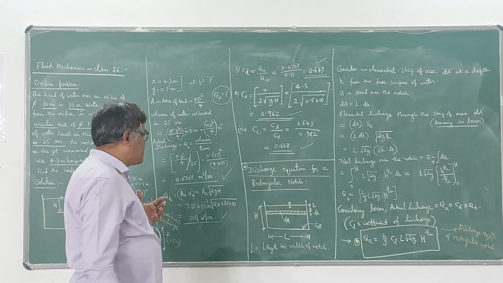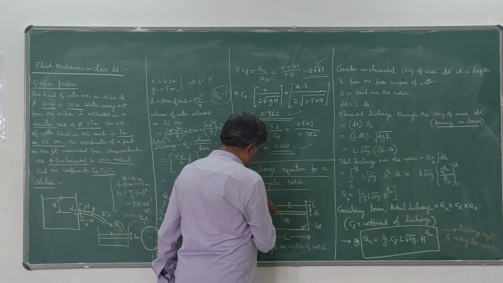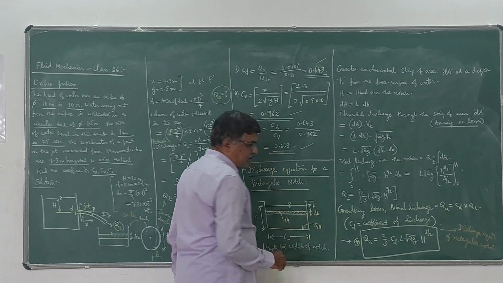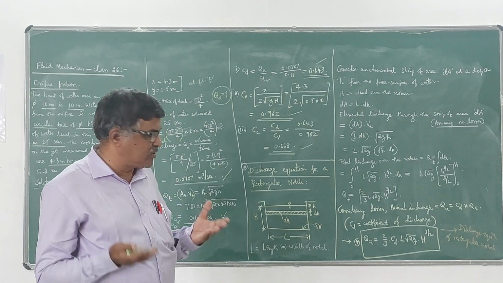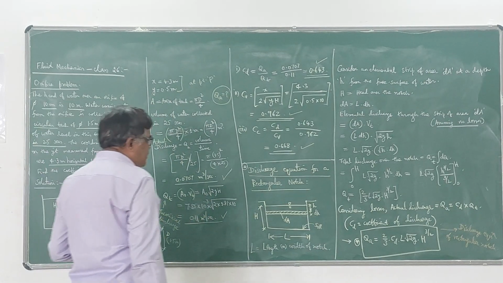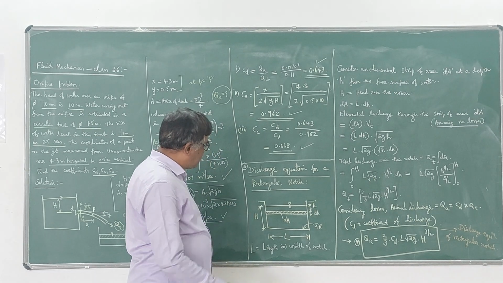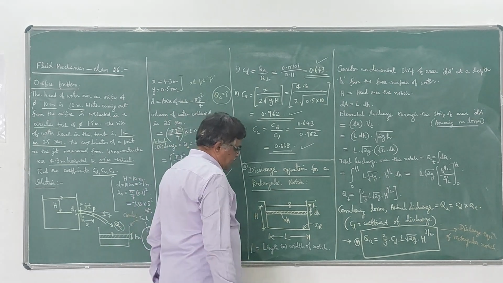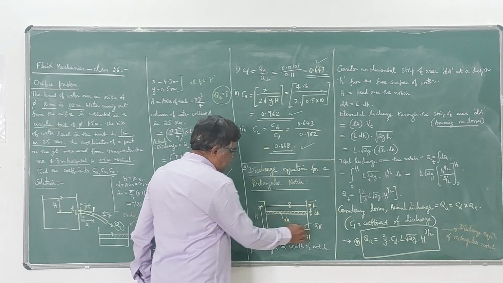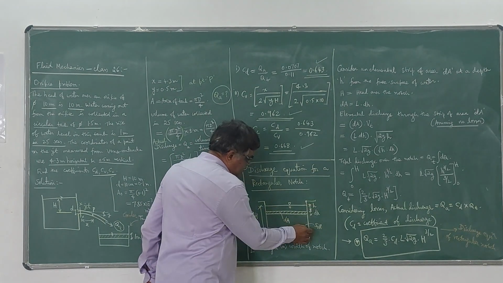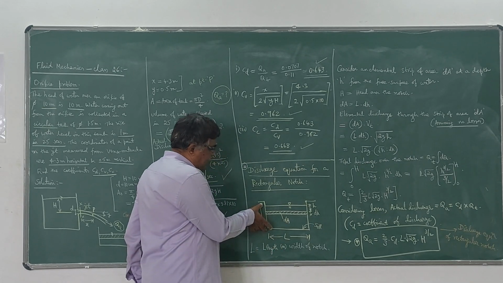So this is a rectangular notch. Normally it is fitted in channels. In the field, it will be made of concrete or masonry, whereas in the laboratory it is made of thin plates. To derive the discharge equation, this is the rectangular notch with width or length, you can call it either length or width of the notch, as L. And capital H is the head over the notch.